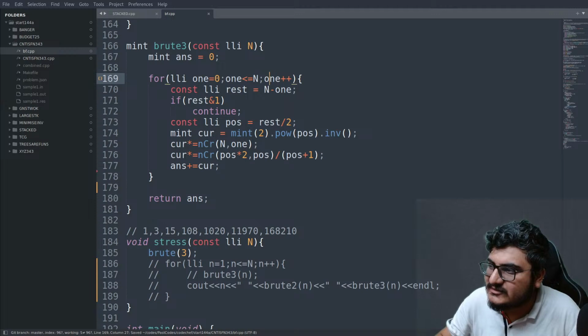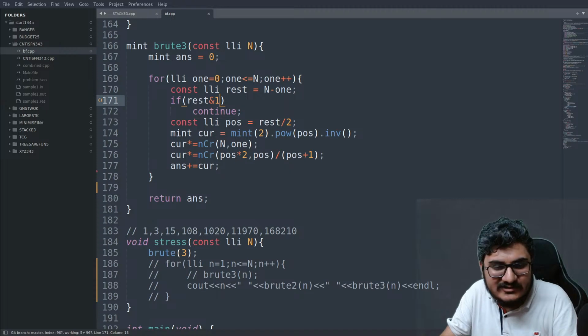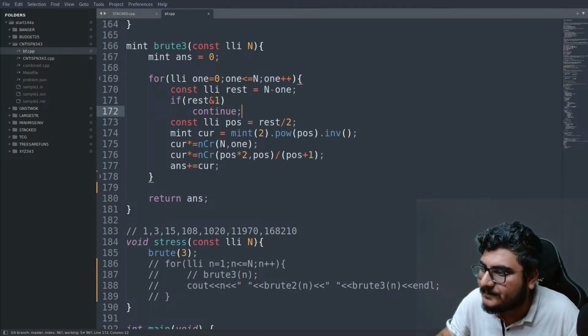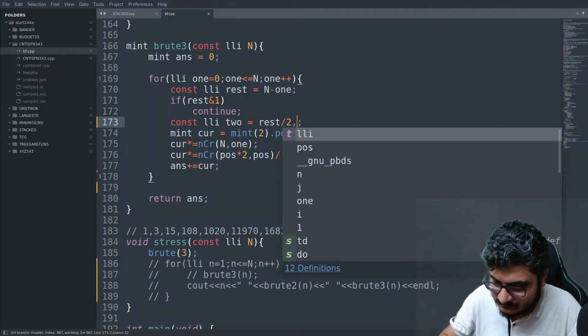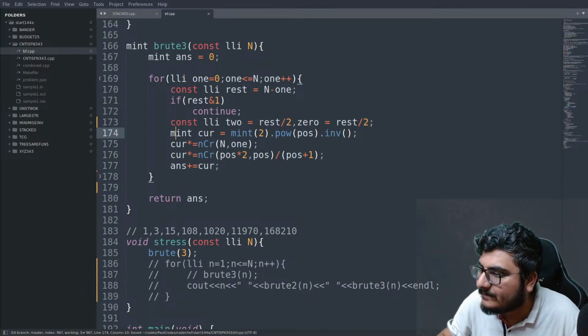Count the number of ones which appear from 0 to n. The rest count would be n minus 1, because every 2 will come with a pair of 0. So if the remaining numbers are odd, it's not possible. Otherwise 2 and 0 would be rest by 2.